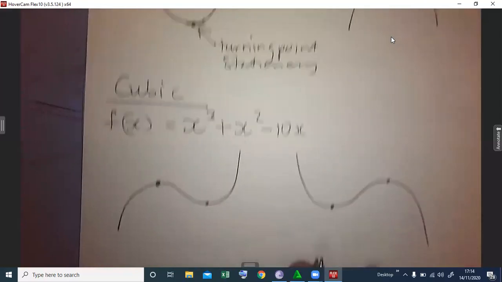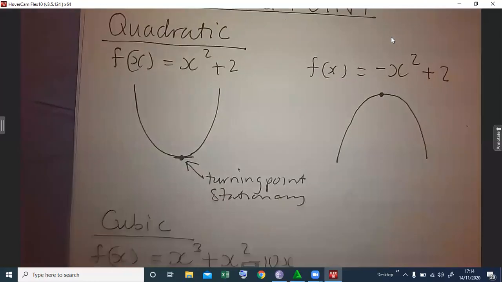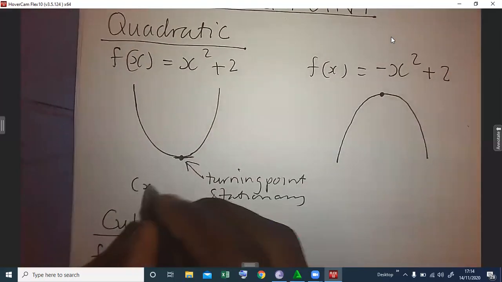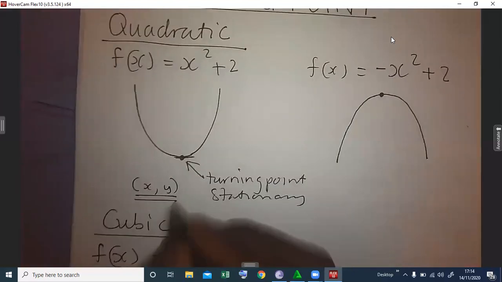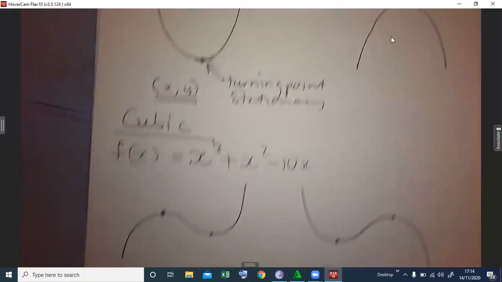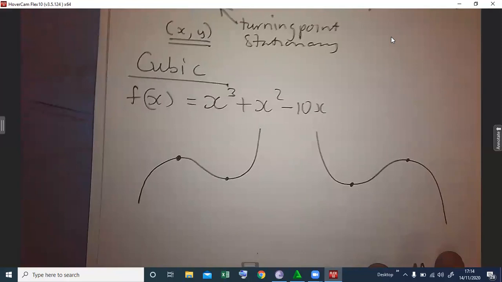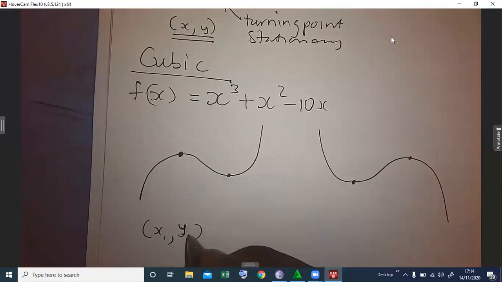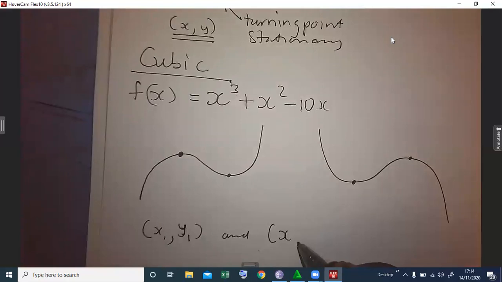So once I have a function which is quadratic and I need to find the turning point, I will end up with one answer. But when I am finding the turning point and it's a cubic function, I will end up with two answers. That is 1 and that is 2.